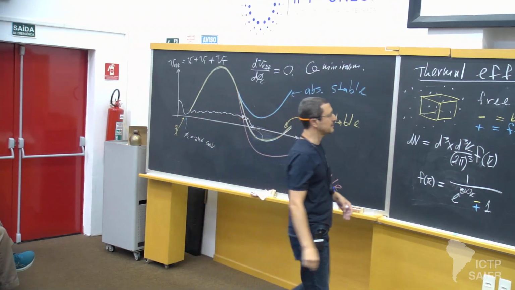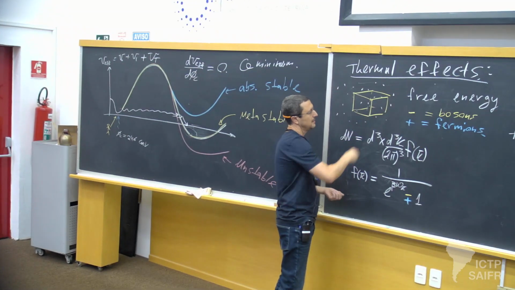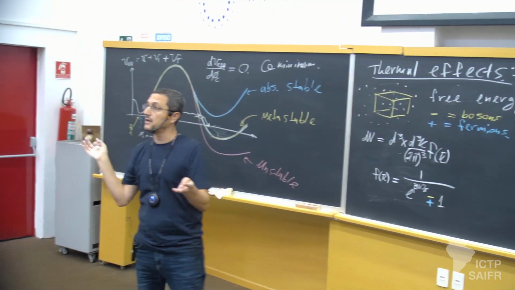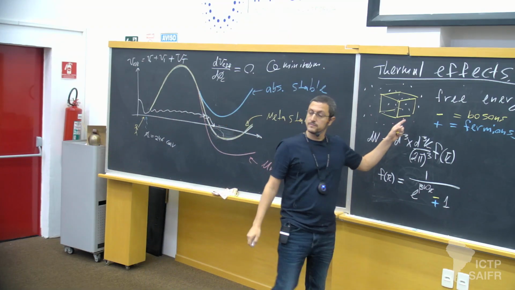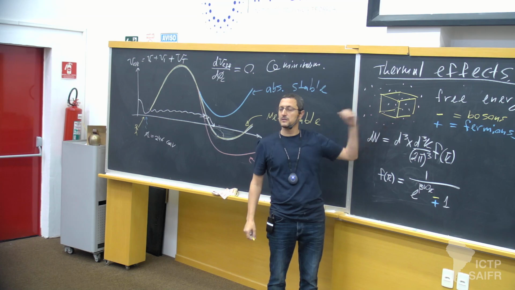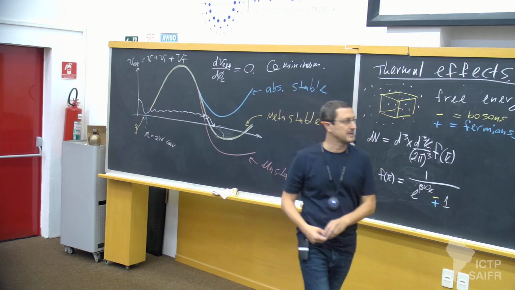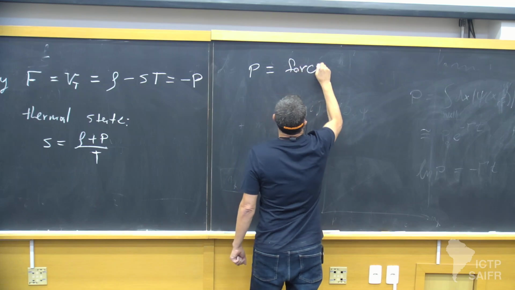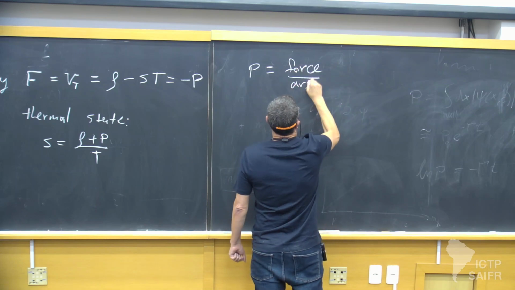Now, obviously, the particles inside the box are hitting the walls of the box, and the box better be strong for it not to break down. Pressure is the force per unit area of wall that you need to hold the box in place. So pressure is force per unit area.